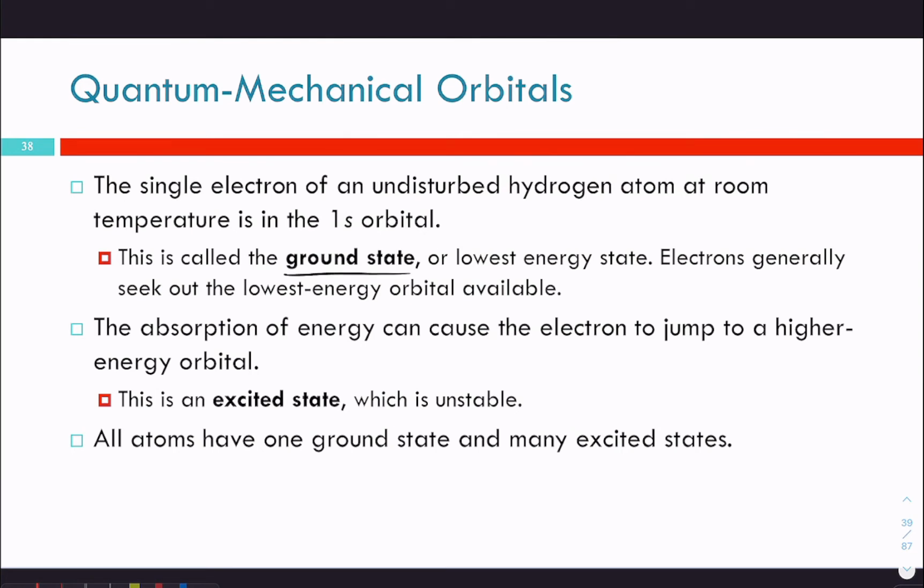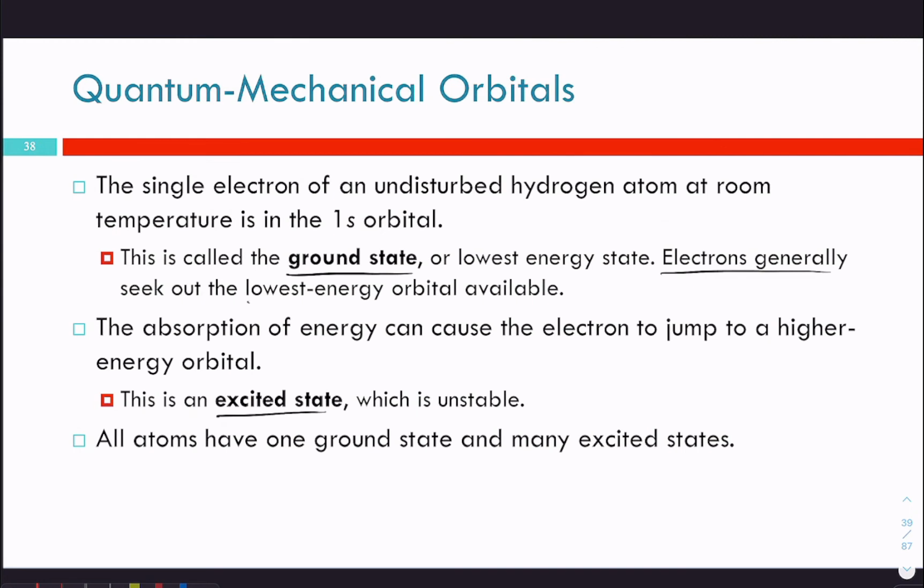If something causes that electron, specifically the electron around that hydrogen atom, to absorb energy, it'll jump to a higher energy orbital, which is called an excited state. And because electrons want low energy, that excited state is unstable, and that electron will release a photon to get back to the ground state.